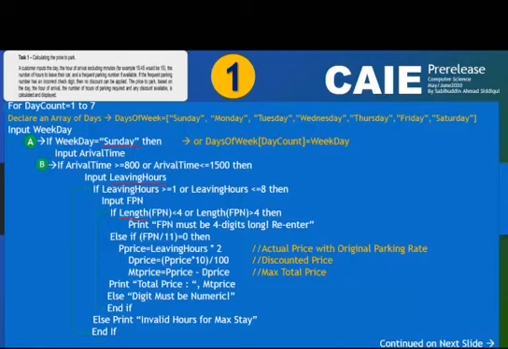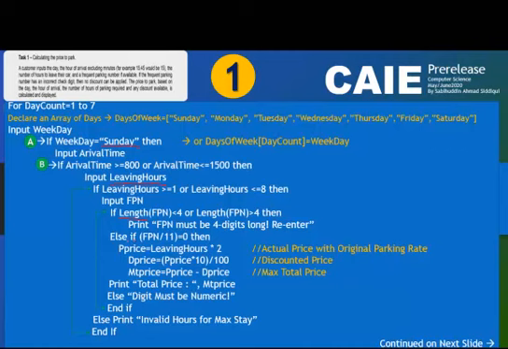That means a 4 digit FPN. If the length is not checked, it could be 5 digits, 3 digits, or 1 digit. So you have to check for all those cases. If it is lesser than 4 or greater than 4, then print FPN must be 4 digits long, so re-enter.